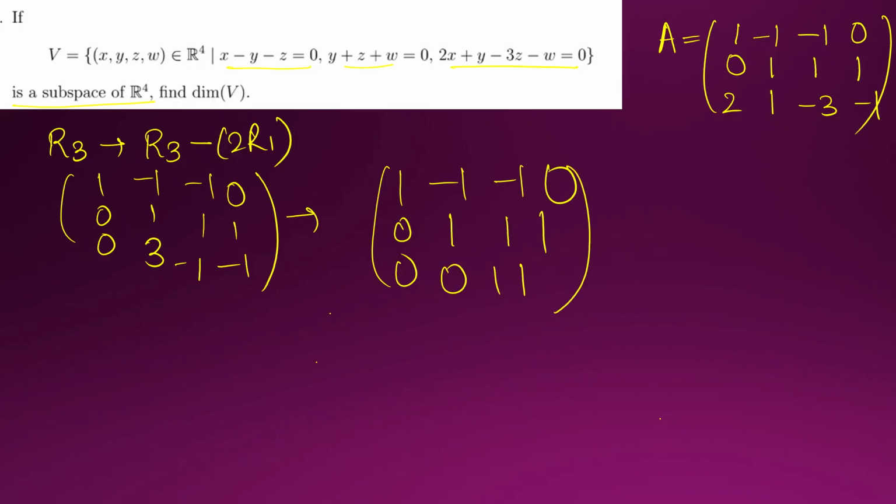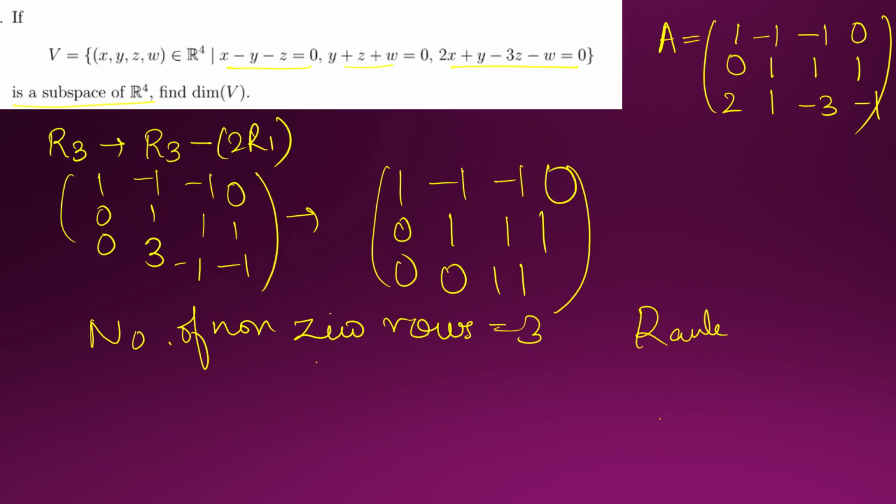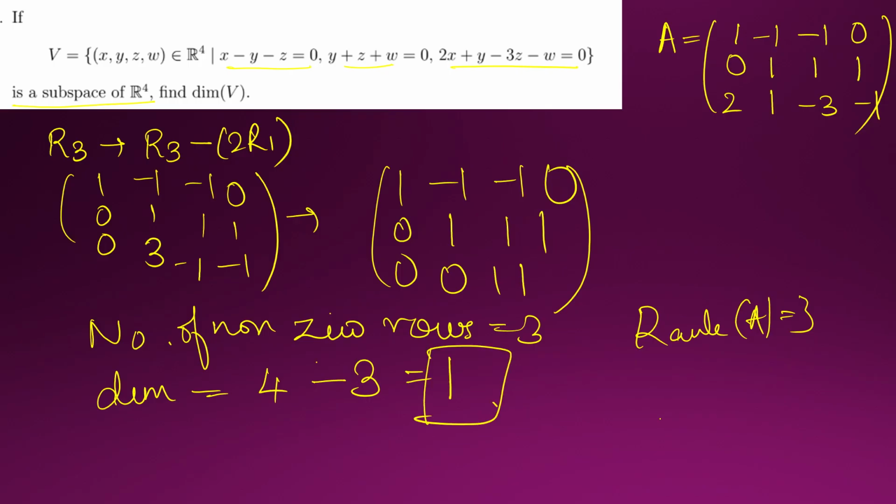So now here the non-zero rows are R3, and your rank of A is equal to 3. Therefore, your dimension will be equal to the number of variables. How many variables? 4, minus your rank, is equal to 1. So your dimension of V is equal to 1.